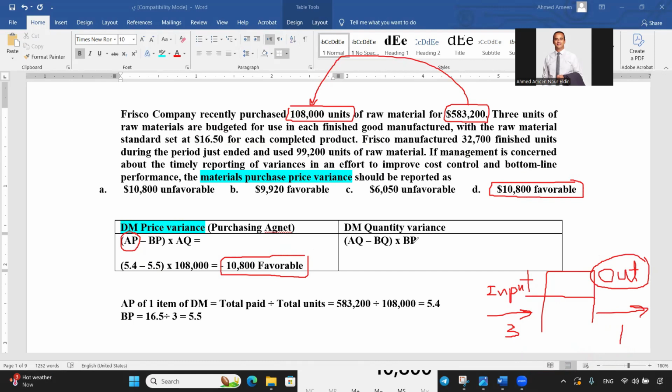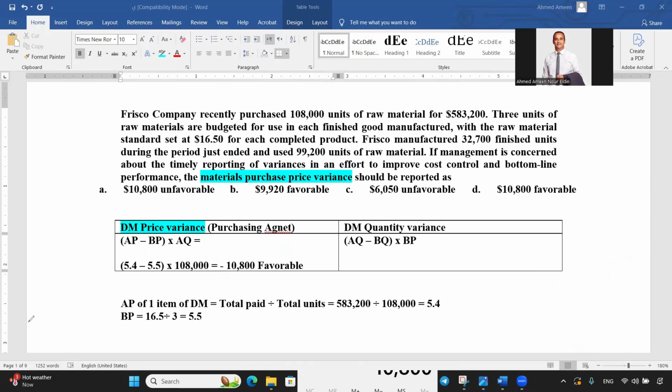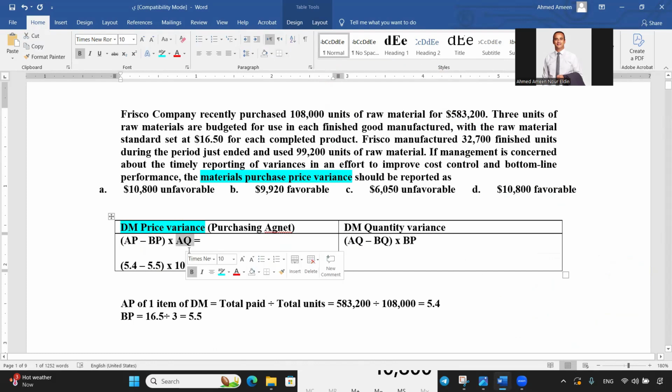If it was asked that you have to calculate direct material quantity variance, how do we calculate it? Direct material quantity variance is the actual quantity minus budgeted quantity multiplied by budgeted price. Maybe one will think that the actual quantity is the same actual quantity here.